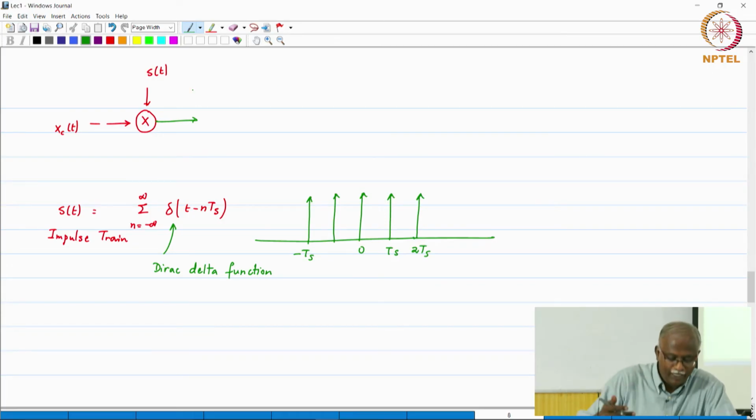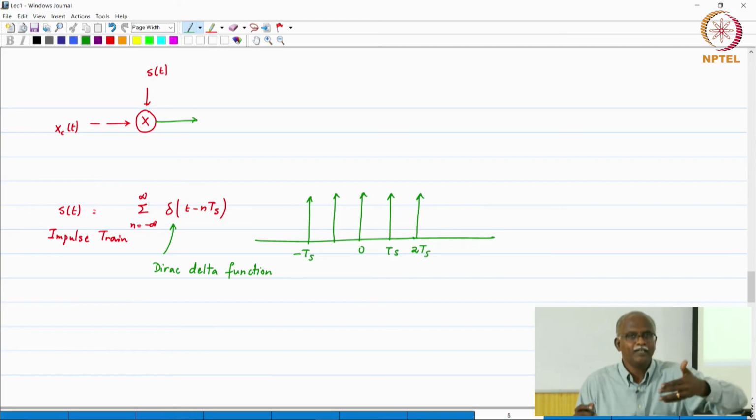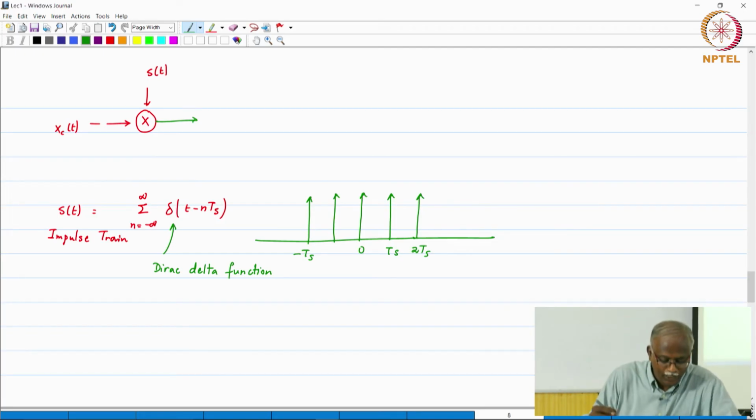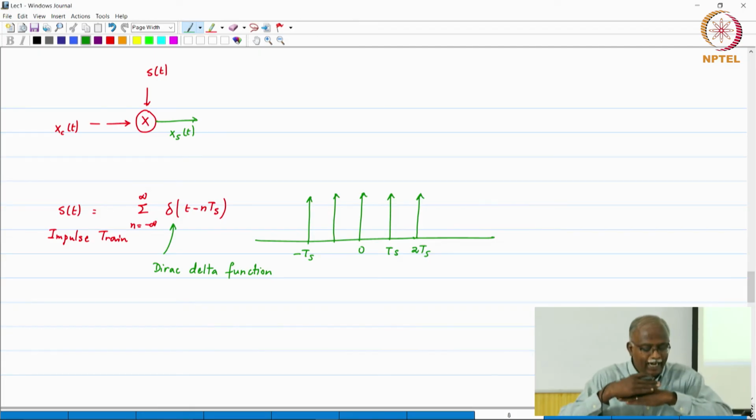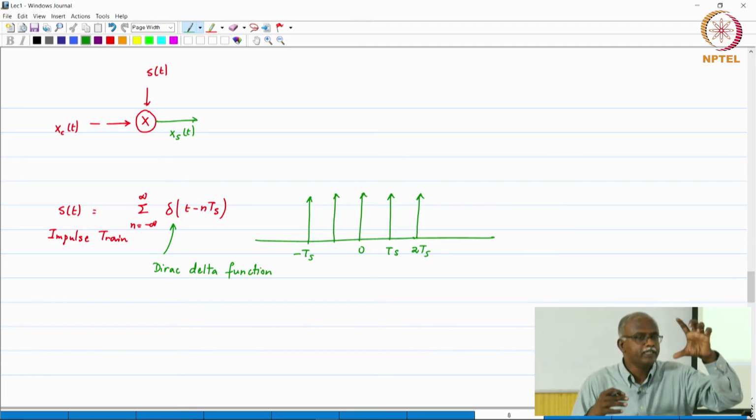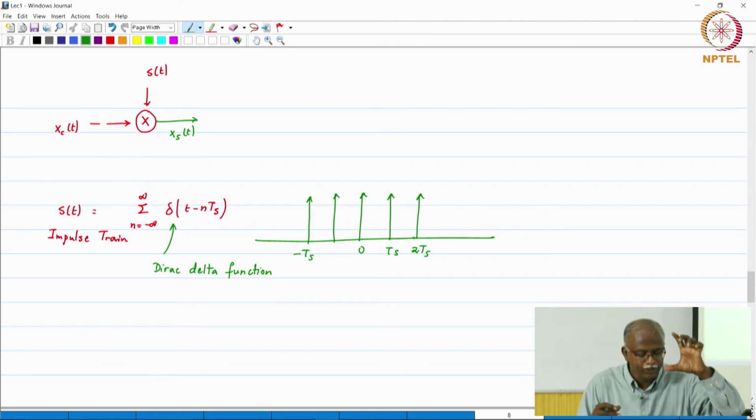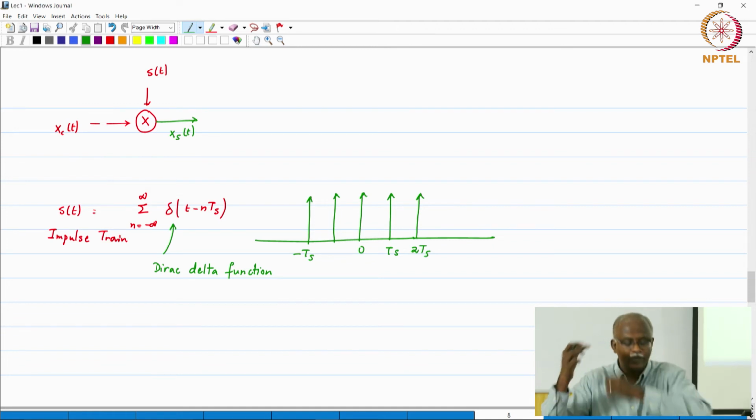Basically it should have values; it is no longer a current or voltage, it is not an analog signal, I must convert it into a number. So, at this point it is xs of t. The continuous time signal has been multiplied with the impulse train, and each of these impulses has a certain amplitude that must be converted into a number.